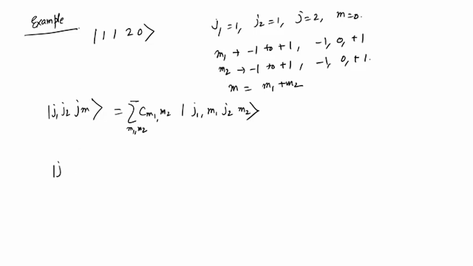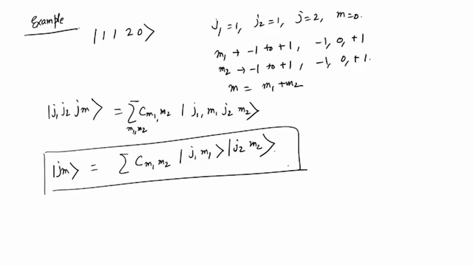So, let me only use the relevant things. If you allow me to just shorten the notation, this will be like C(m1, m2). This will make it a little simpler notation, |J1 m1⟩, and the other one will have just |J2 m2⟩.